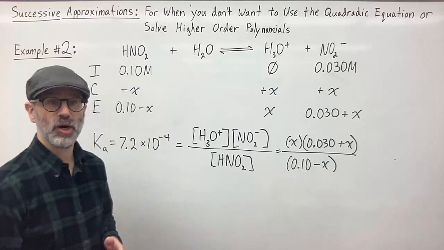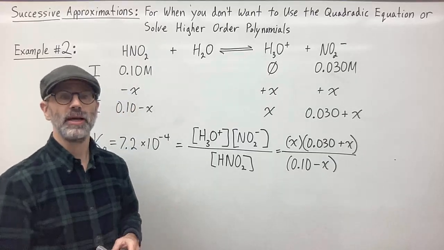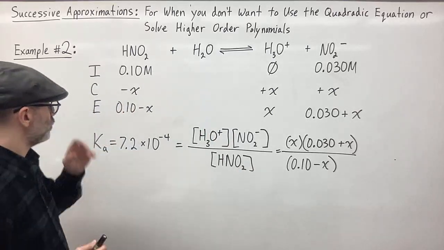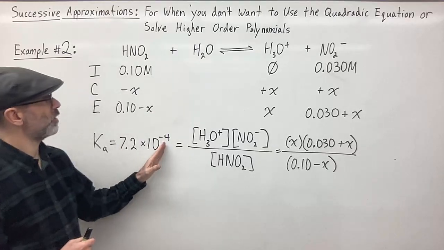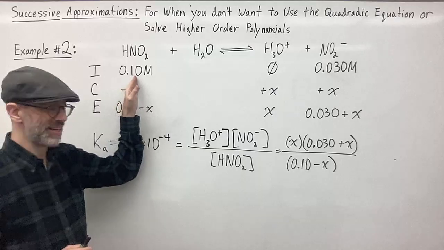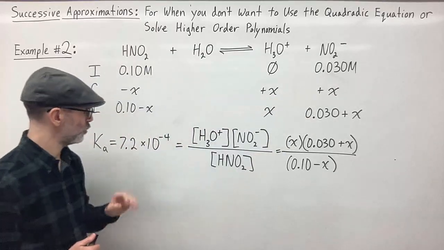So now we can go ahead and try the x is negligible assumption, and we'll find that it won't work. You can usually tell it won't work if you look at the Ka value and compare it to your concentrations. Here we have 1 times 10 to the negative 1. Here we have 3 times 10 to the negative 2.